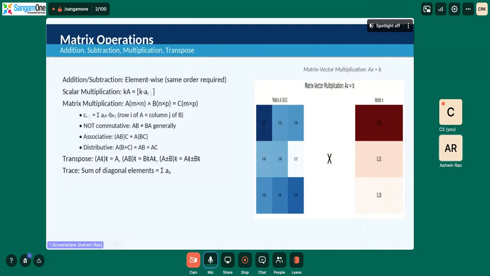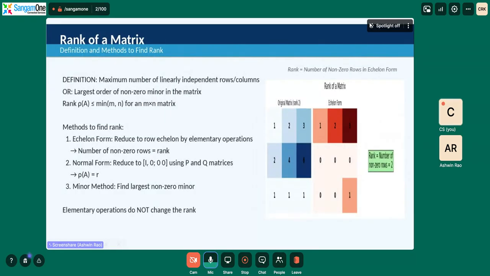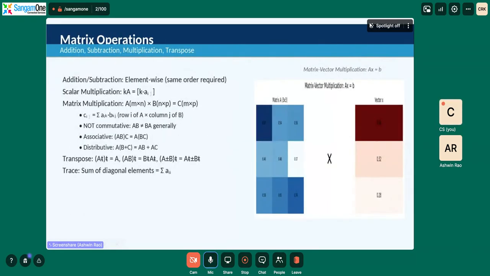This is the multiplication A x equal to B. Just go back 1 minute. x means the left hand side is A, is it? Yeah, left hand side. This is A. And the right hand side is a one dimension matrix, is it? Yeah. The condition is that the number of columns must be equal to the number of rows of the next matrix.